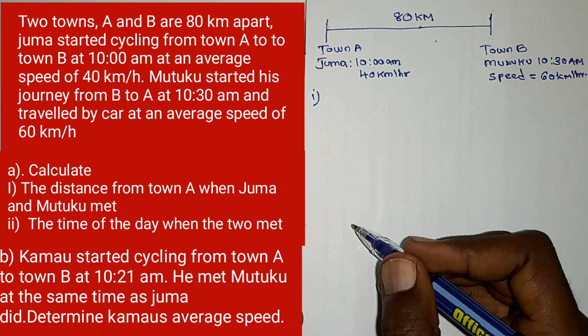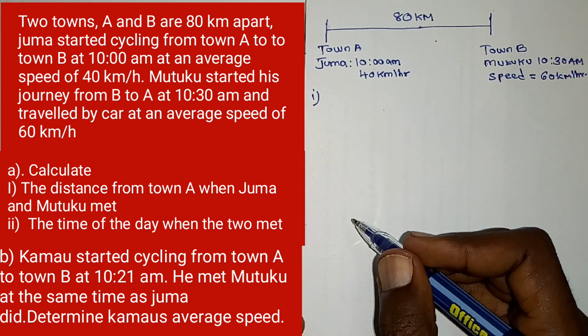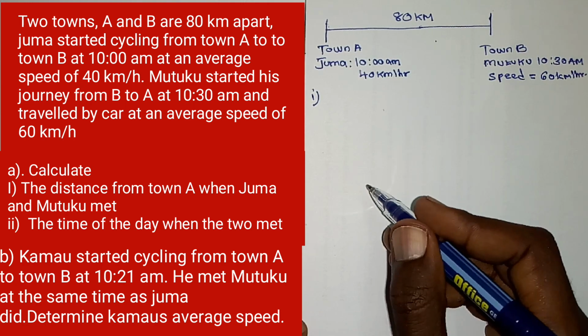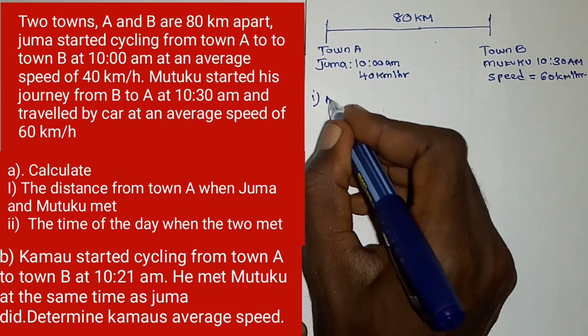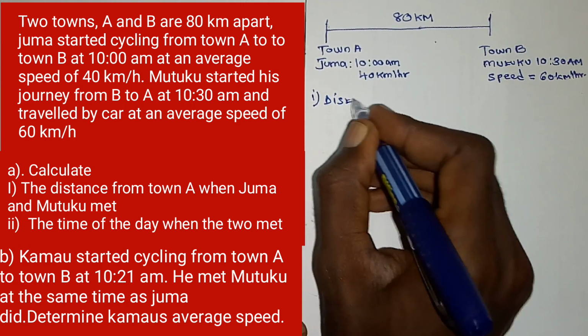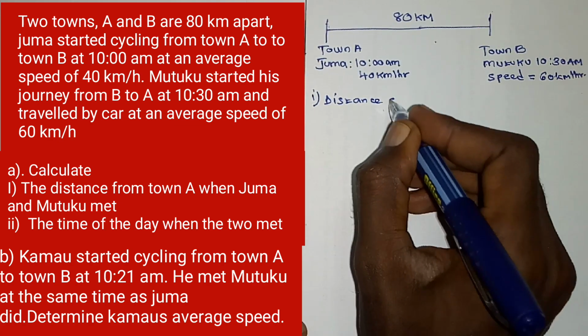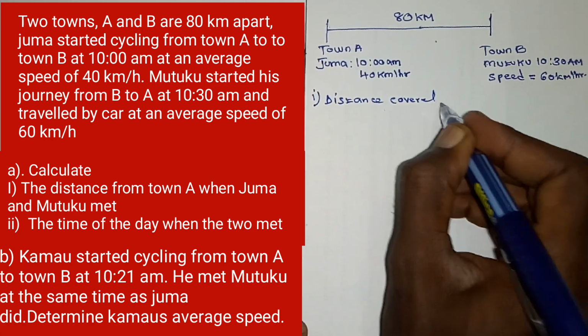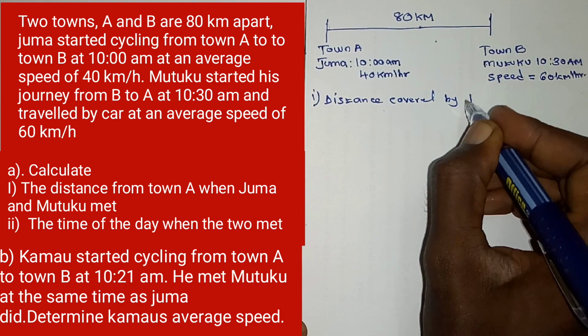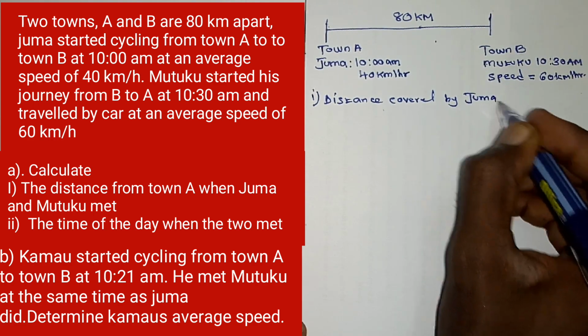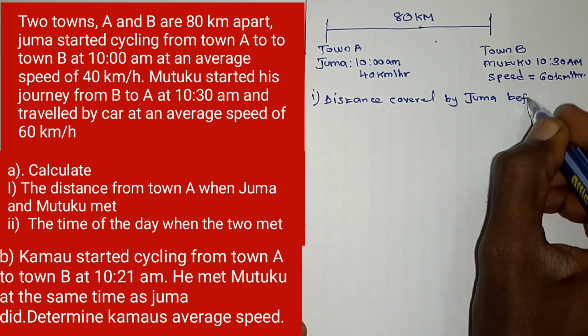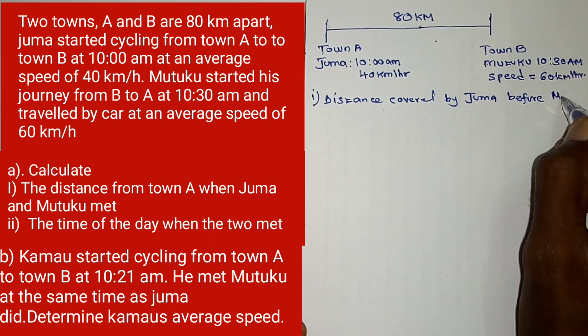The distance from town A when Juma and Mutuko meet. Let us first calculate the distance covered by Juma before Mutuko starts the journey.